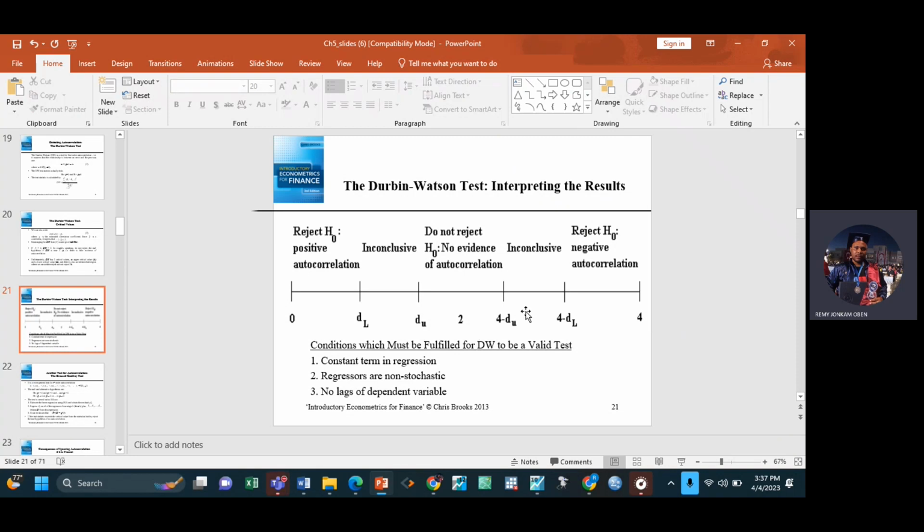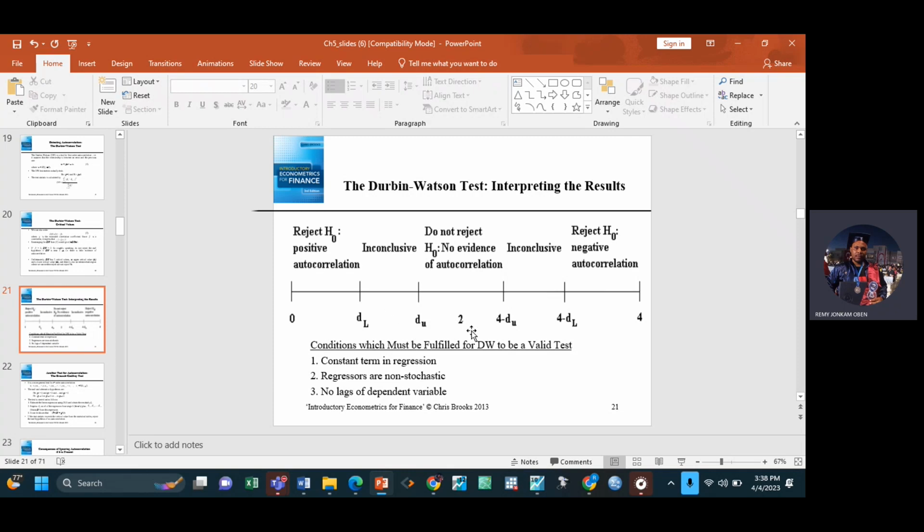Between 2 and 4, if it falls in this region, it means we can reject. But if it falls in this region, it is inconclusive. We cannot say if there is actually negative autocorrelation or not.